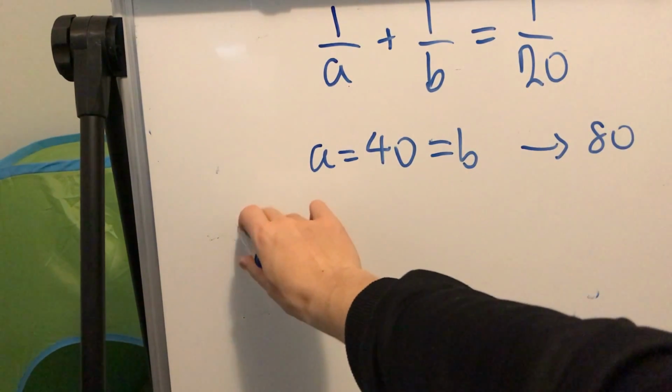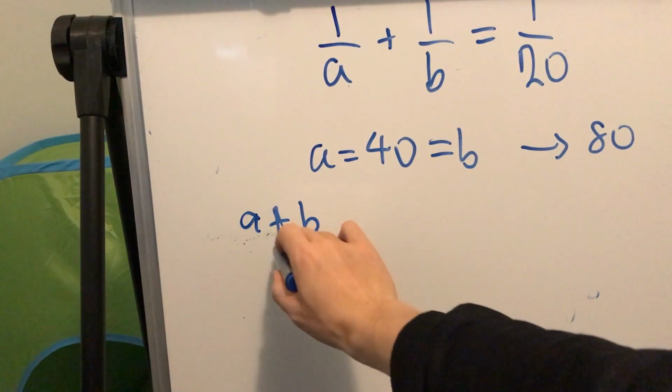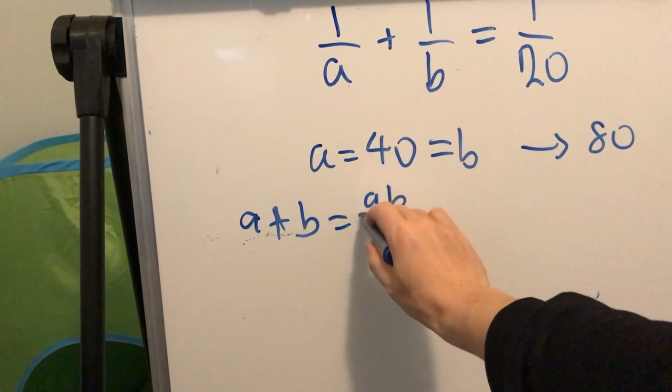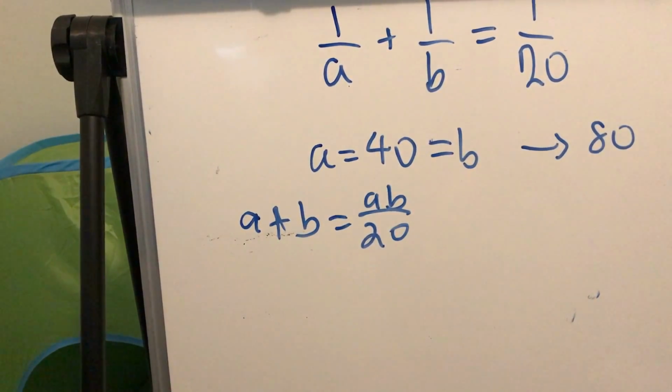You write stuff like a plus b equals ab over 20. So you know that one of a, b is divisible by 5, the other one's divisible by 2, or both of them are divisible by 2, one of them is divisible by 4. You get this kind of stuff. You should always be trying lots of things.